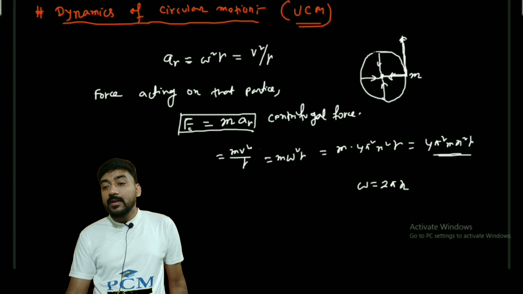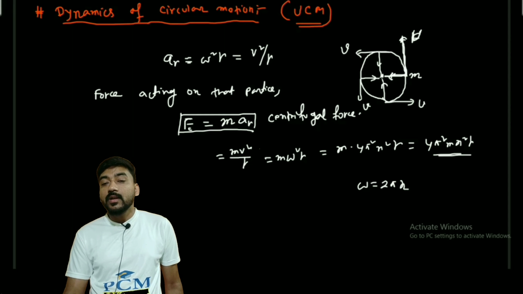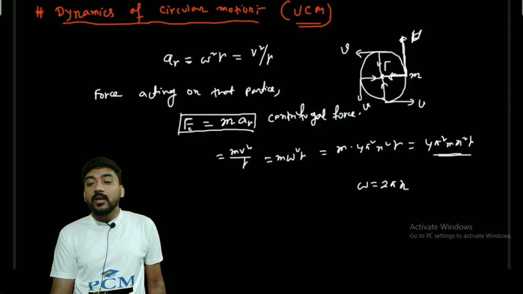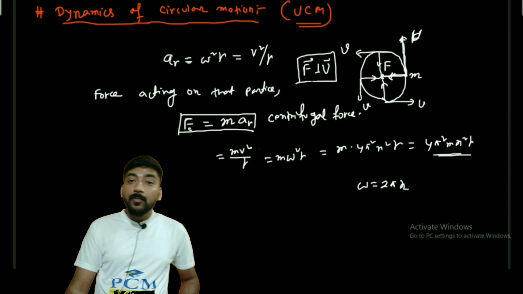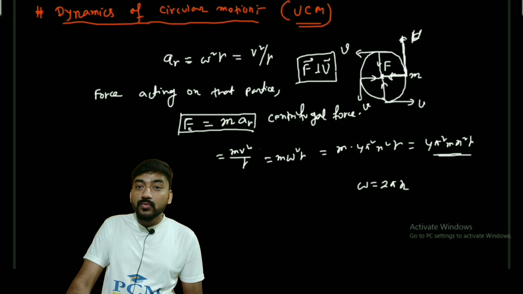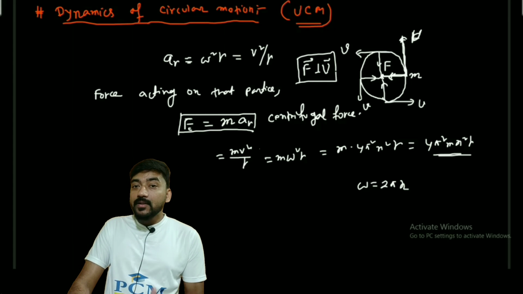At every instant, for circular motion, please remember, force and velocity are perpendicular to each other. This is the direction of v, so v is along the tangent and the force is always towards the center. So F is always perpendicular to v, and this is the condition for circular motion. You have to apply this force at every instant of time.